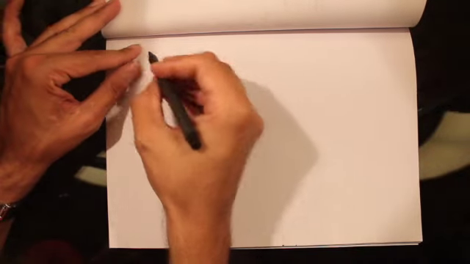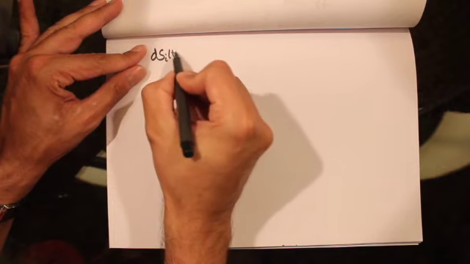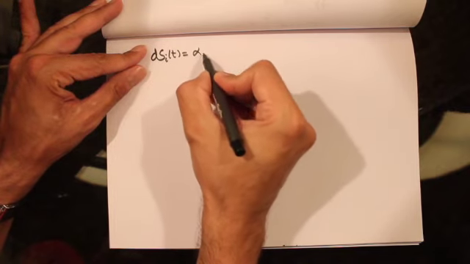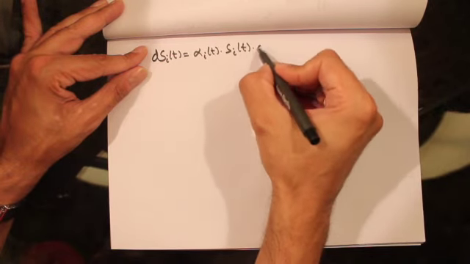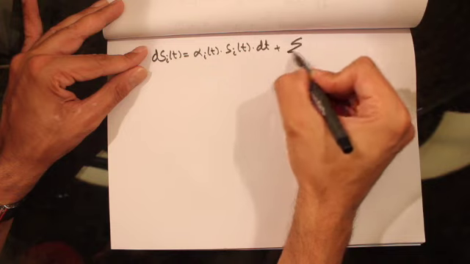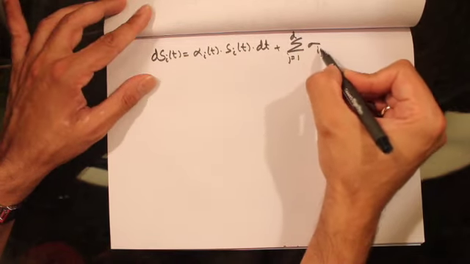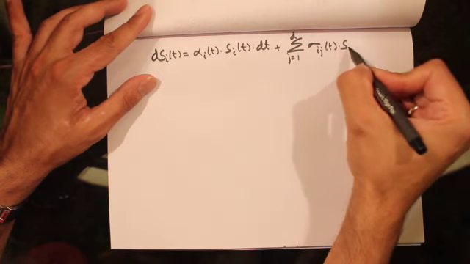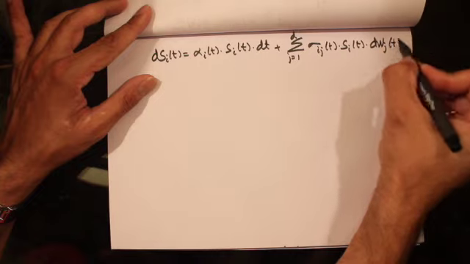Okay guys, so far we've been talking about stock processes that are driven by multiple Brownian motions. So we've seen that the differential of such a stock process is given by dS_i(t) = alpha_i(t) S_i(t) dt + summation j equals 1 to d sigma_ij(t) S_i(t) dW_j(t).